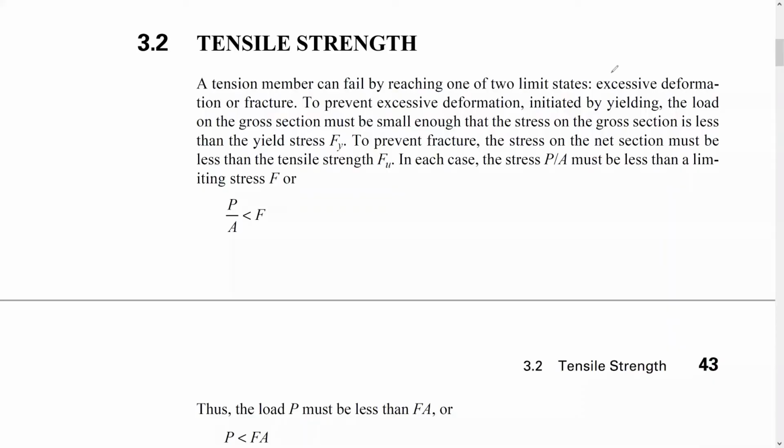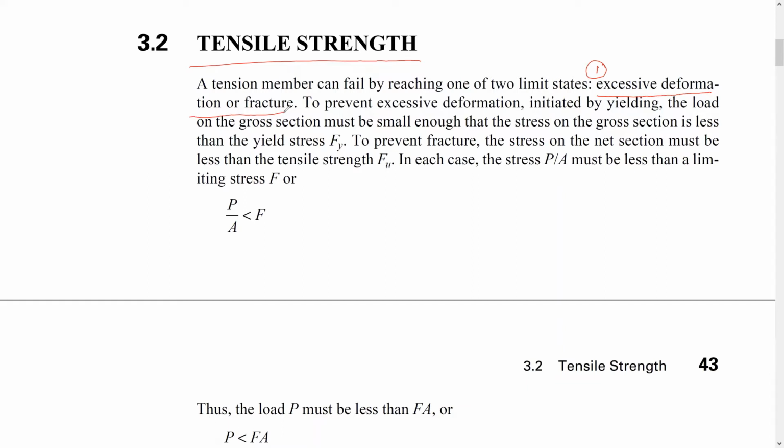In this section, we will see how to, let's say, calculate the tensile strength for tension member. In general, tension members might fail by reaching one of these 2 limit states. The first one, excessive deformation or fracture, okay? So how to prevent the excessive deformation?